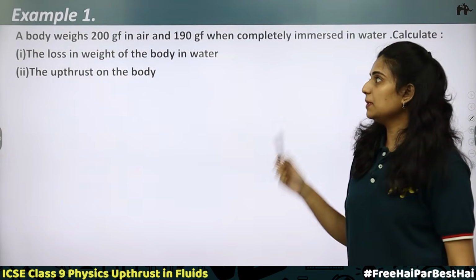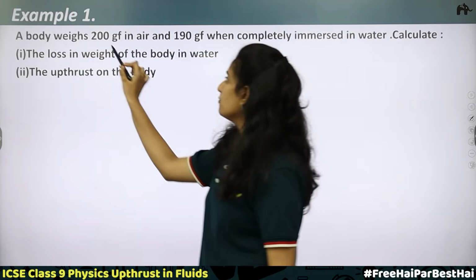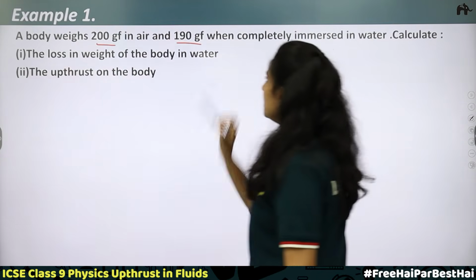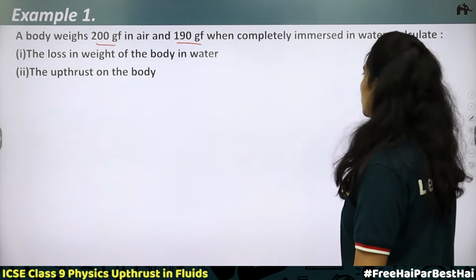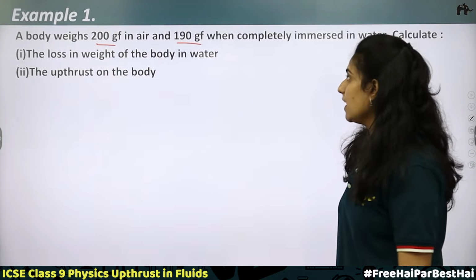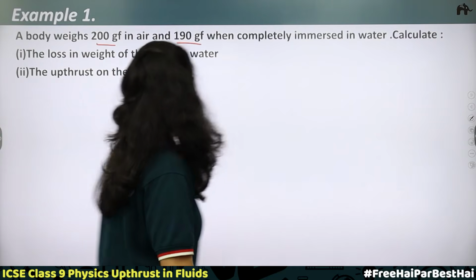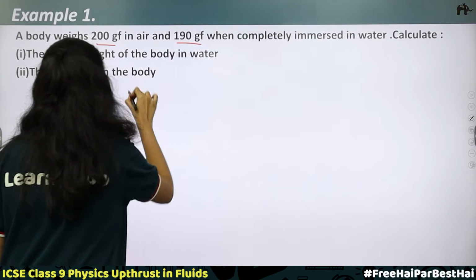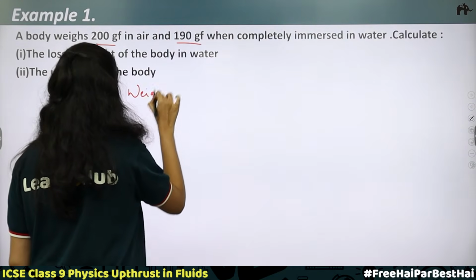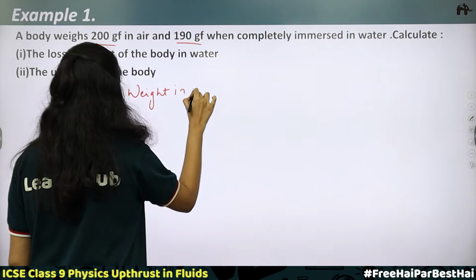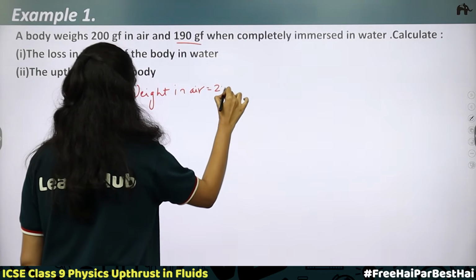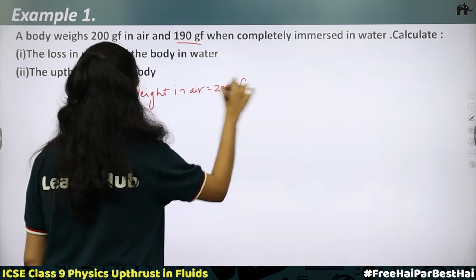Let us take an example. A body weighs 200 gram force in air and 190 gram force when completely immersed in water. Calculate the loss in weight of the body in water and the upthrust on the body. First we will calculate the loss in weight. Weight in air is given: 200 gram force.